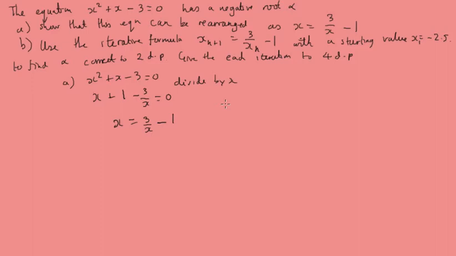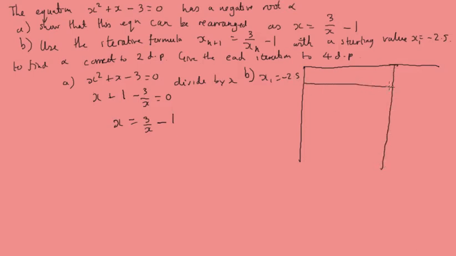Now for B we're going to need a nice big table. So our x1 is minus 2.5. And now we've got x_(n+1) equals 3 over x_n minus 1. So our x2 is going to be equal to minus 0.2.